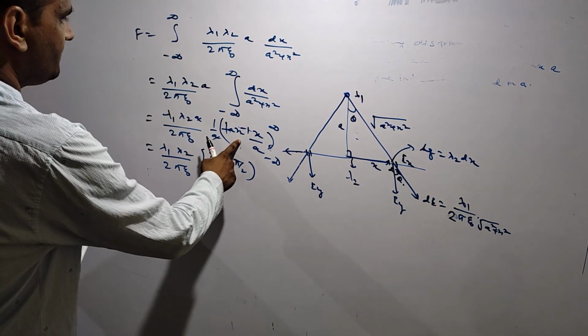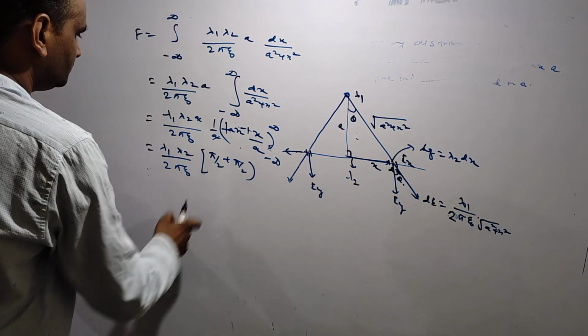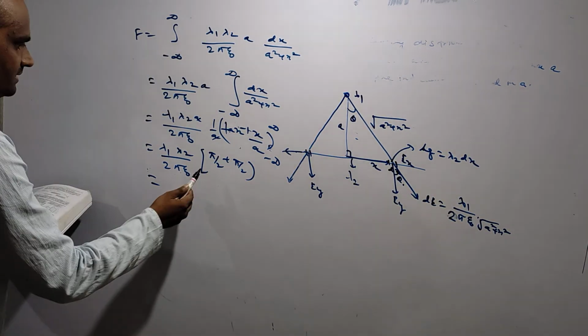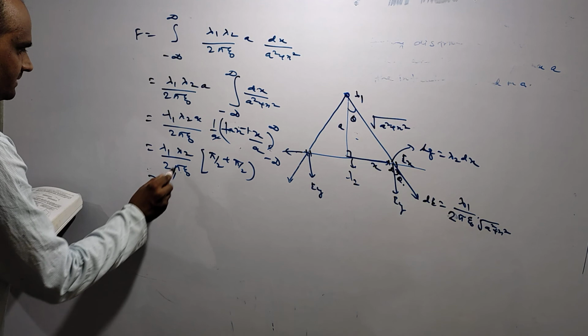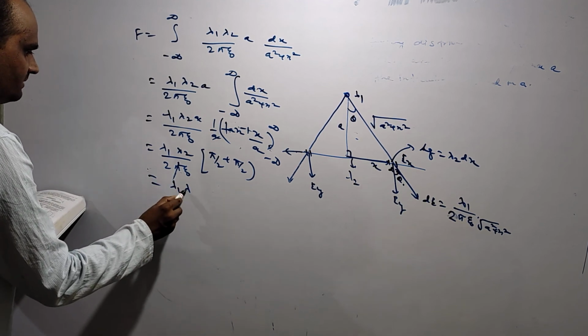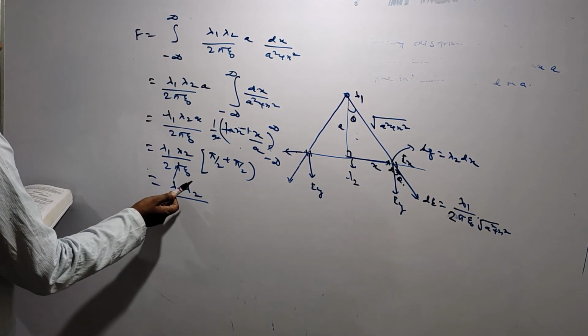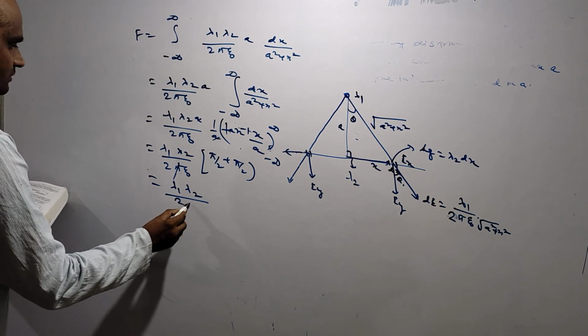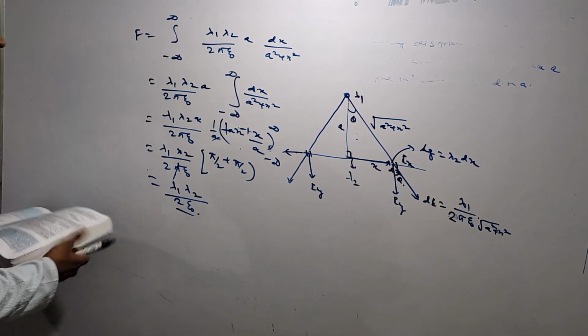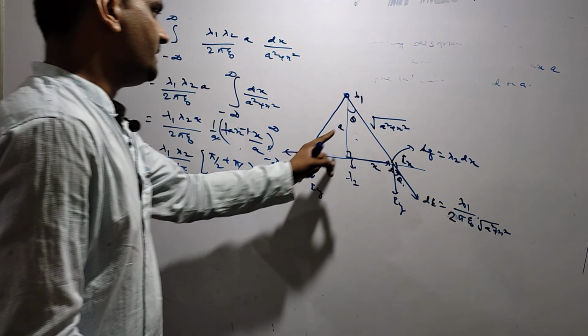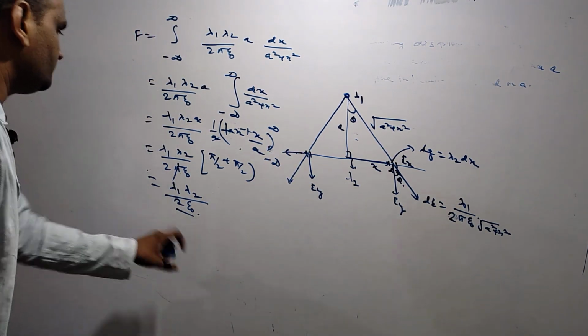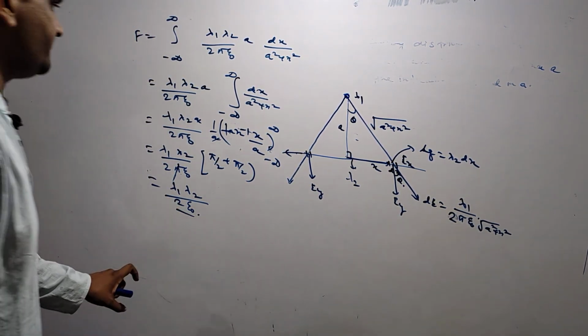Adding this, it becomes pi, and pi is going to be cancelled out. We are left with the product of linear charge densities over 2 epsilon naught. This is not depending upon A. So this is your electrostatic force of interaction.